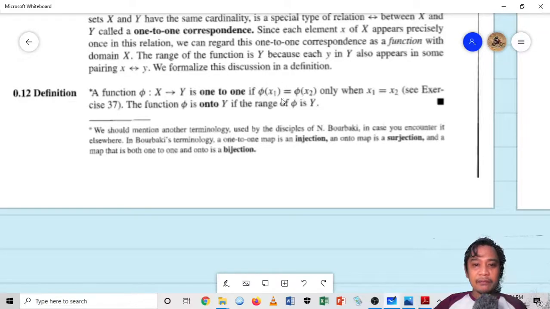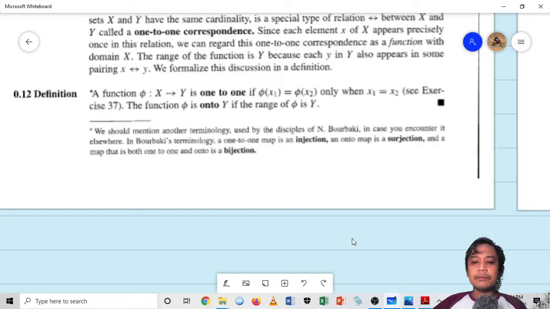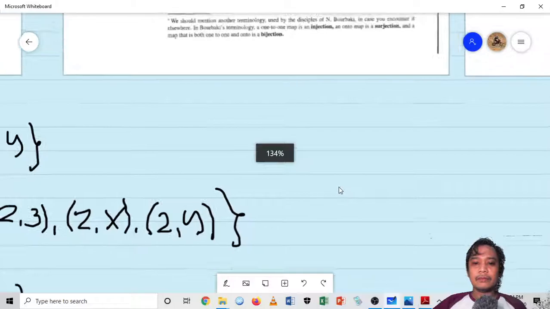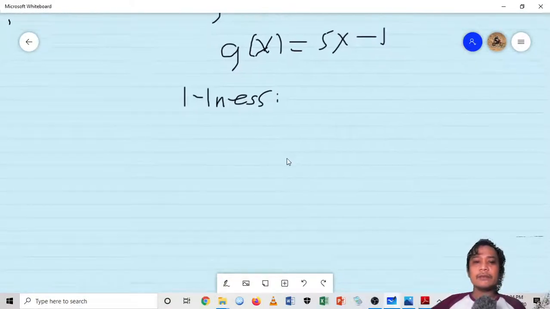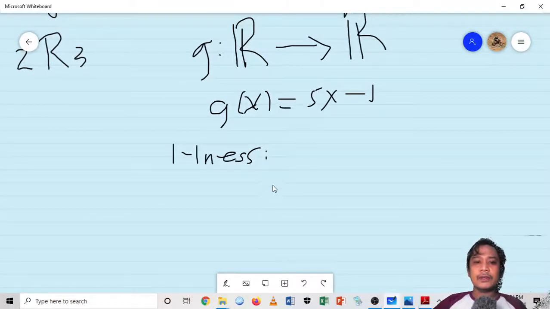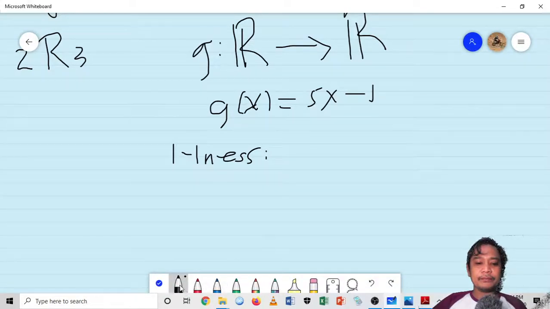That is, if their images are the same. Meaning, a necessary condition should be that they have the same images. So in our proof, we should assume that there are two elements with the same images. So, say, x sub 1 and x sub 2 have the same images.